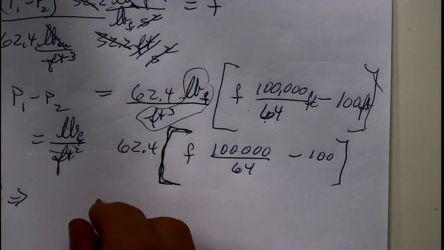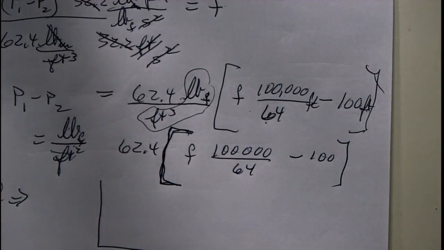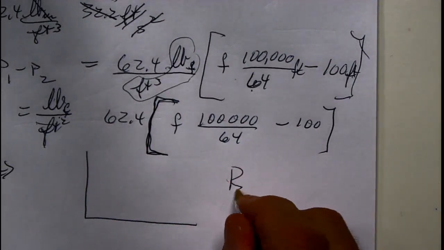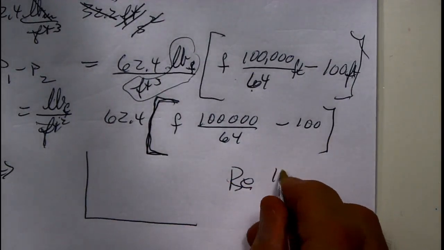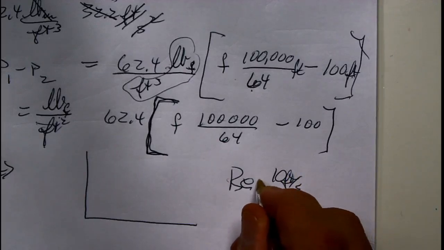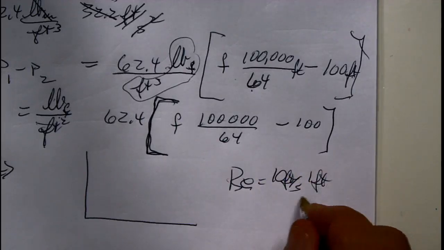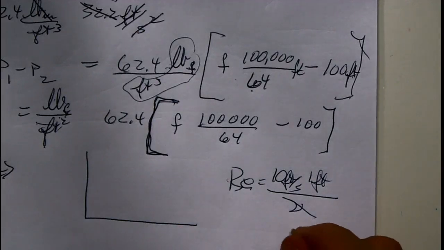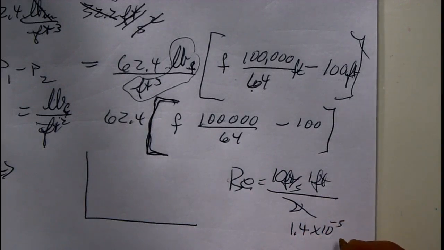The friction factor we find from the Moody diagram. And we need to calculate our Reynolds number. If I take a look at my Reynolds number, it's velocity, which will be 10 foot a second, times diameter, which will be 1 foot, divided by the kinematic viscosity. Now, the kinematic viscosity of water, I've got it memorized, is roughly 1.4 times 10 to the minus fifth foot squared per second.